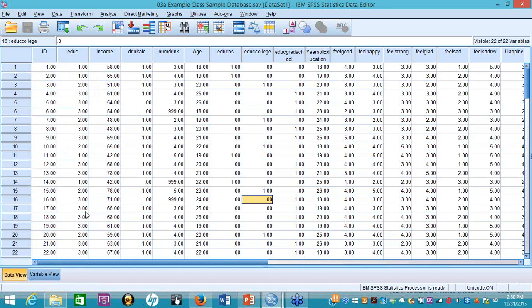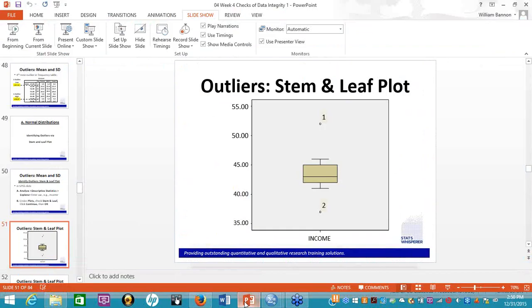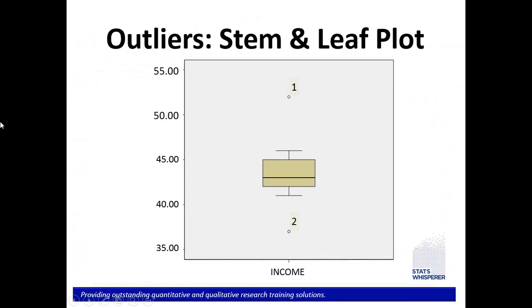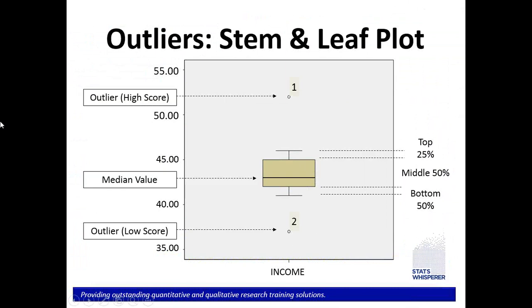If next to the circle there was a 14, 14 would be an outlier for income. So that's one way of easily identifying them. So there we go. Outlier high score, outlier low score. And then within the box, the line is the median value, and then the little distribution lines above it are the 25% and bottom 50%.